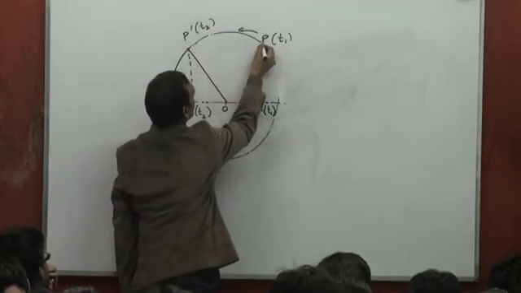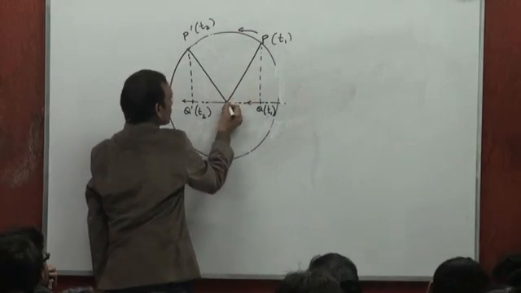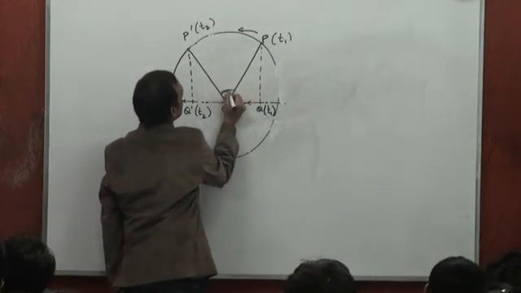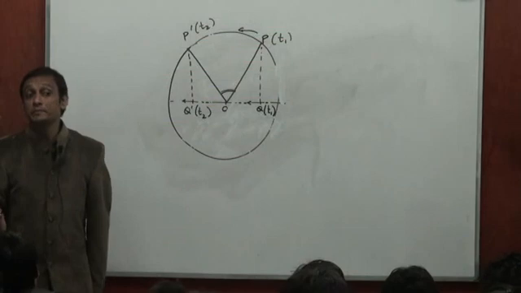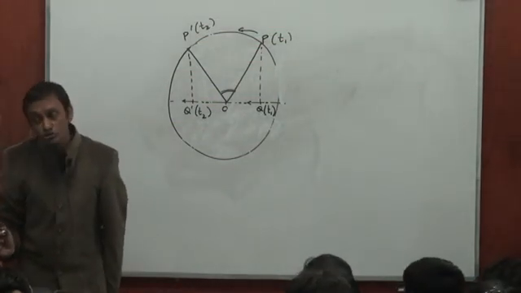Now, there is a certain angle described by the auxiliary particle at the center of this auxiliary circle.